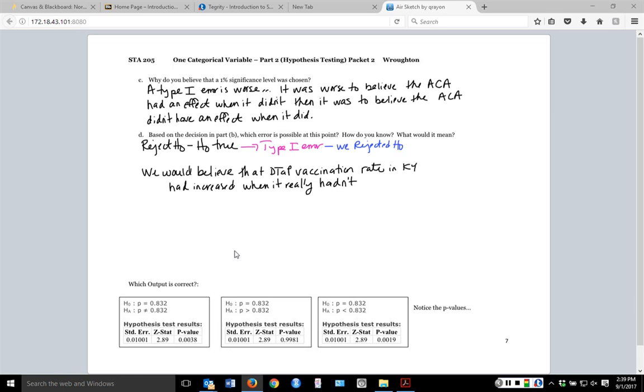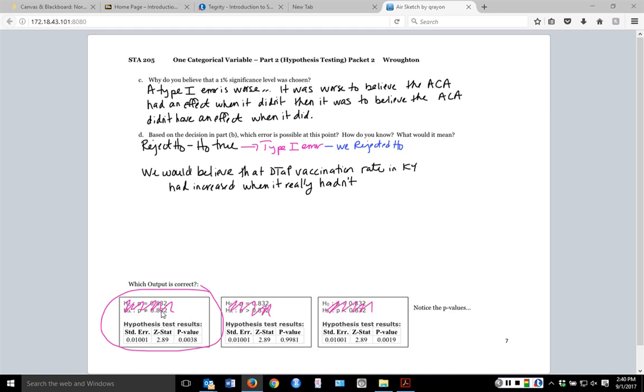Now, looking at the output that I gave you from StatCrunch, in our previous video I demoed how to do things in StatCrunch. What you'll notice is that only one of the three outputs is going to match. Our hypotheses had a not equal to, so this is the correct output. Now, pretend I hadn't given you these.